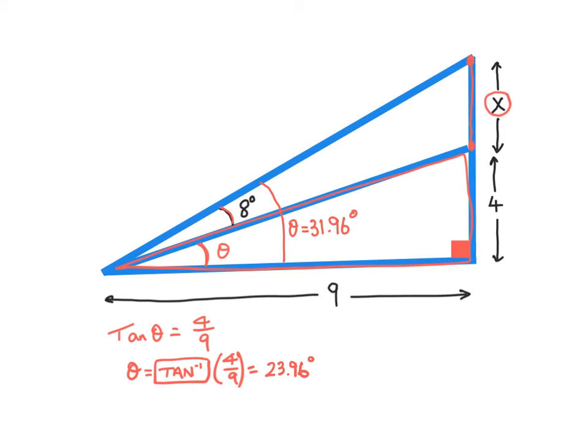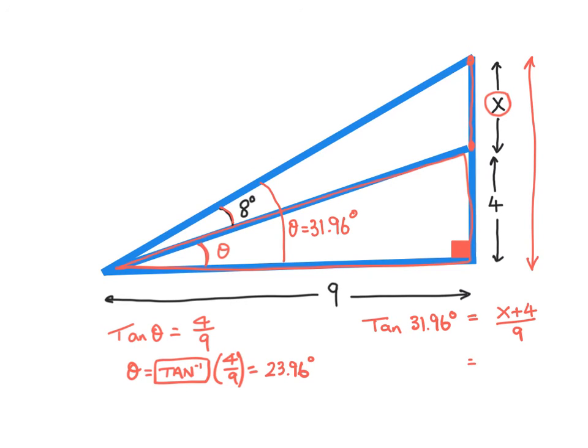In that big triangle, we've got the 9 is the base, that's the adjacent, and this one up here, which we know is x plus 4, is the opposite. So we can say that tan of 31.96 degrees equals the opposite, x plus the 4, over the 9.